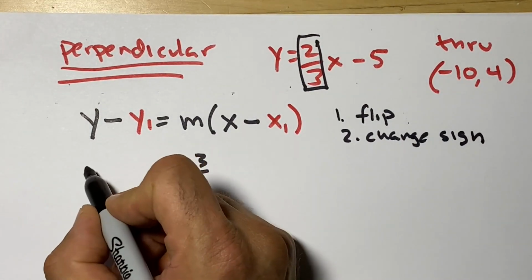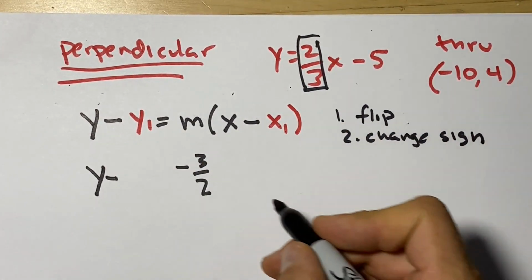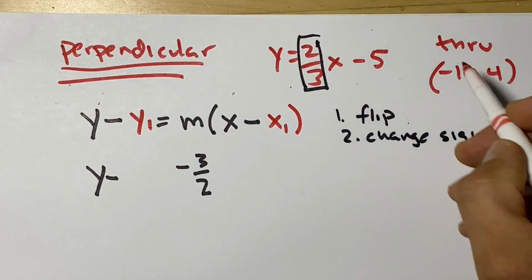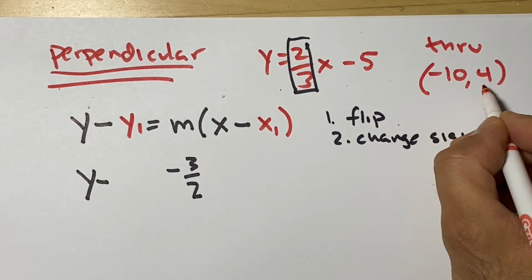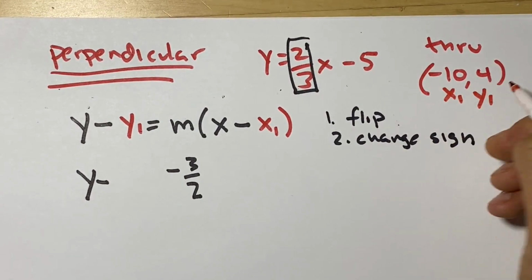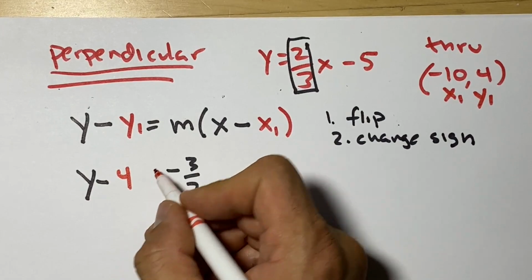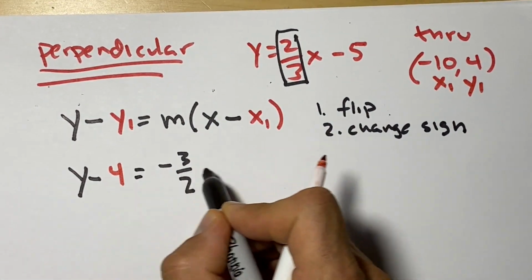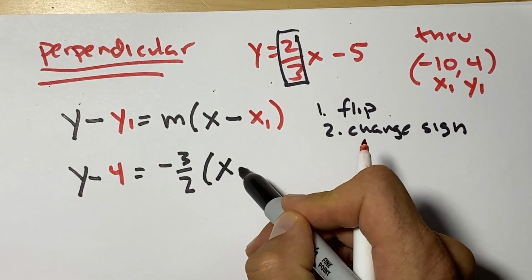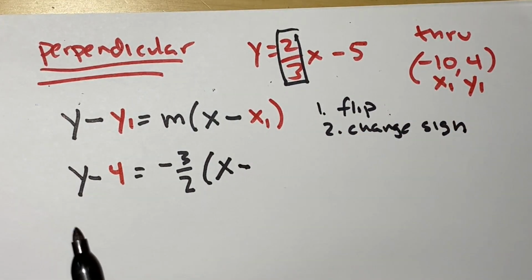So let's finish. The y and the minus is there, and our y point, since we have the point -10, 4, our x1 and y1, our y point is 4. We set it equal to the slope, put our parentheses, x minus whatever the x point is.